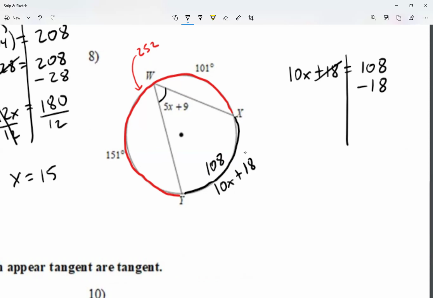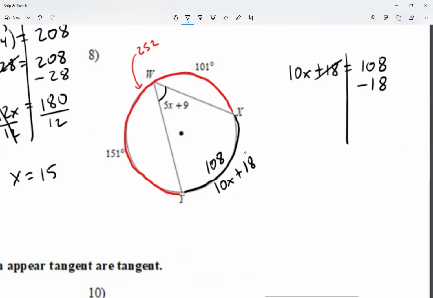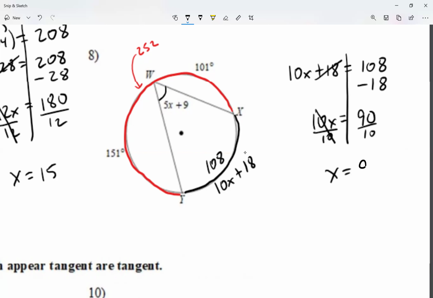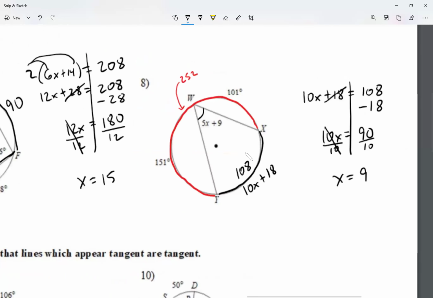Don't forget to switch the sign. So that gives me on the left side, I just have 10x equals 108 minus 18. Use a calculator if necessary. I get 90. Now I see a 10 in front of the x, so let me divide both sides by 10. So x is equal to 90 divided by 10, which is 9. So x is equal to 9. Nice.